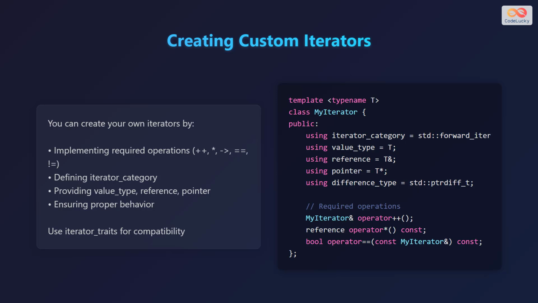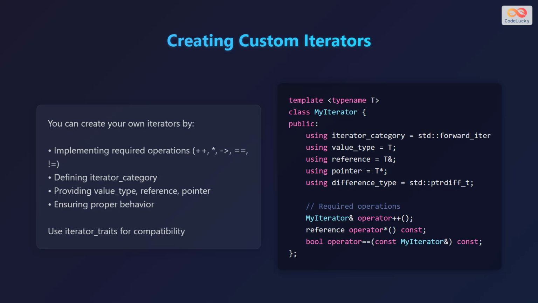You also need to provide the value type, reference type, pointer type, and difference type for your iterator to ensure proper type handling. It's important to ensure that your custom iterator behaves correctly and adheres to the iterator concepts defined in the C++ standard. You can use iterator traits to provide compatibility with STL algorithms and other iterator-based code.